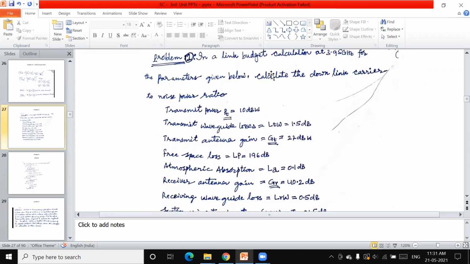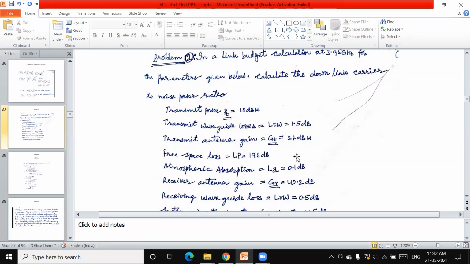In a link budget, I already told you that a budget is nothing but giving all the details in a tabular column, in a table. Though there will not be a table here, it is nothing but a table of parameter names and their values.